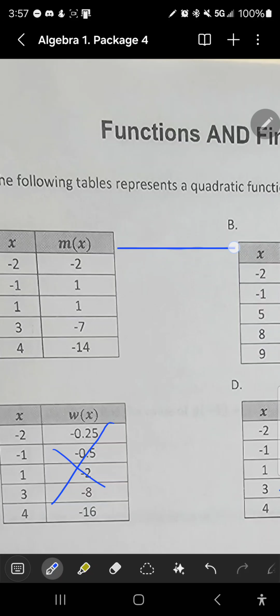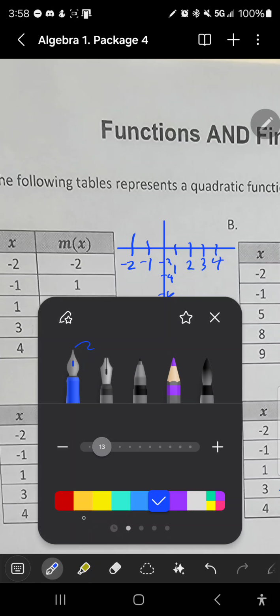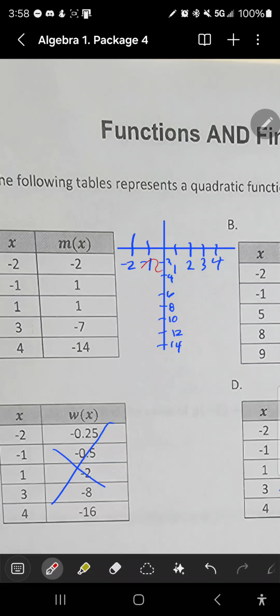Negative 2, negative 1, 1, 2, 3, and 4. Now this will be negative 2, negative 4, negative 6, 8, 10, 12, and 14. All of this negative. So now we plug in negative 2 with negative 2.